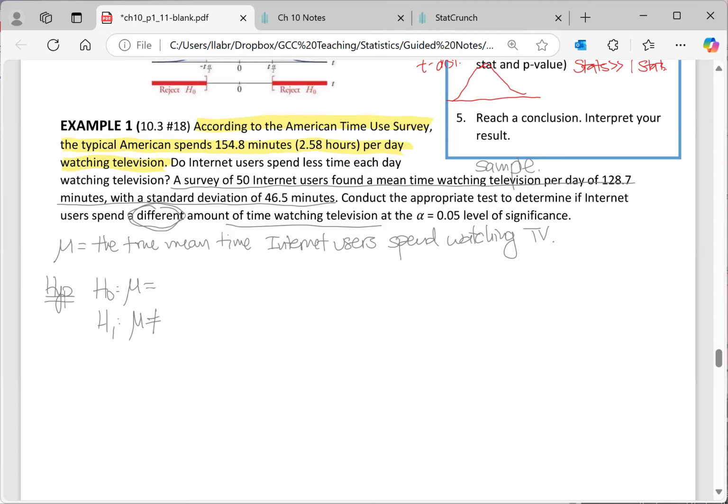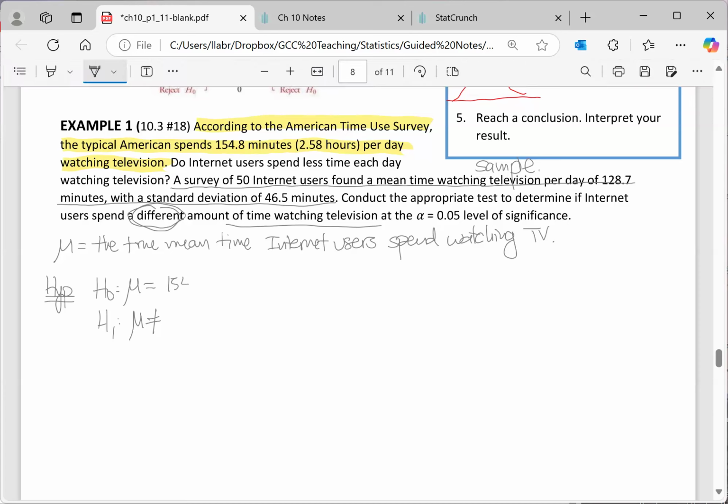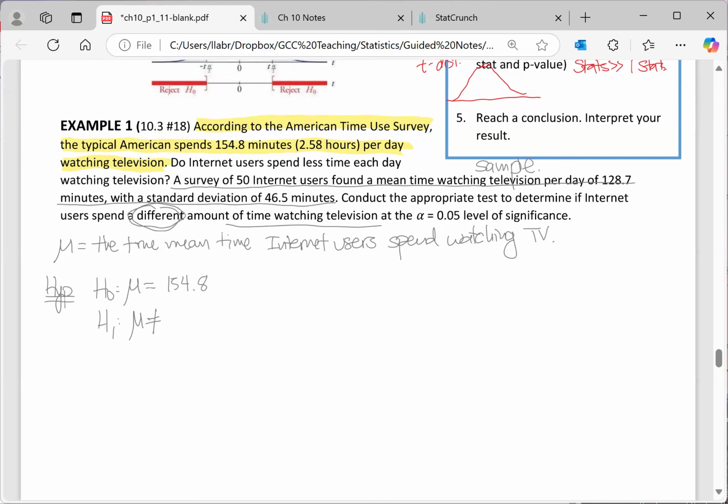So that, remember, the null hypothesis is also the no change hypothesis. We don't really have a reason to believe that the time spent watching TV changes from subsection to subsection of the population. So we're just going to go ahead and say that this is also 154.8 minutes. Notice that the decimal does not move like in proportions. And that's because proportions, there's a percentage next to it. So if there's no percentage, you don't move anything. All right, so there's my hypothesis.